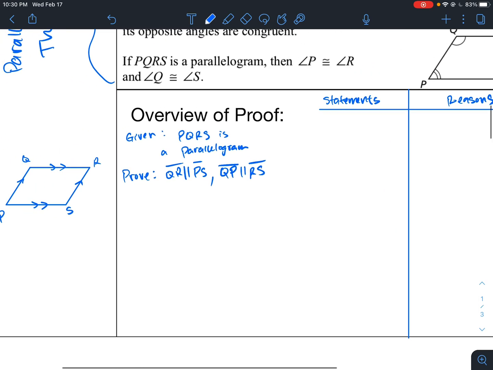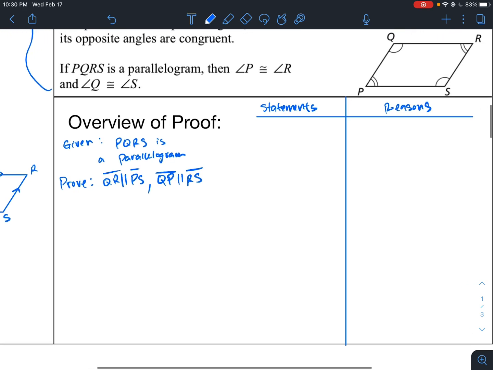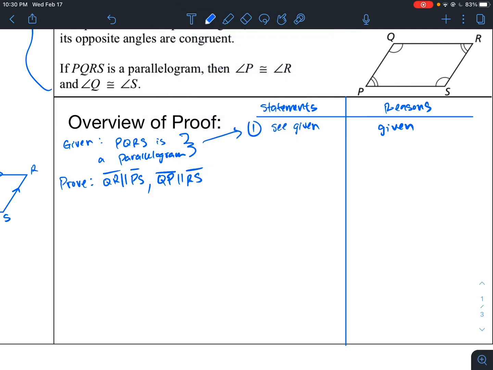First, let's put what's given. I'm too lazy right now to write it all out, but the given information is right here. The reason we can state this is that it's given, and what's given is that PQRS is a parallelogram. This is our first reason.